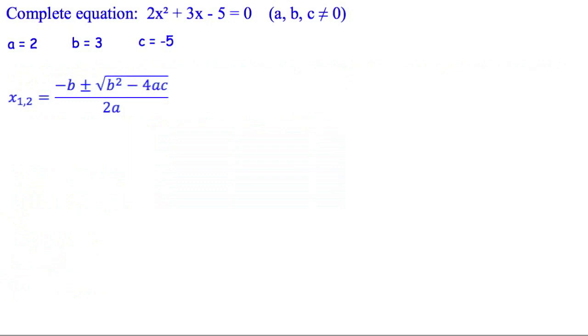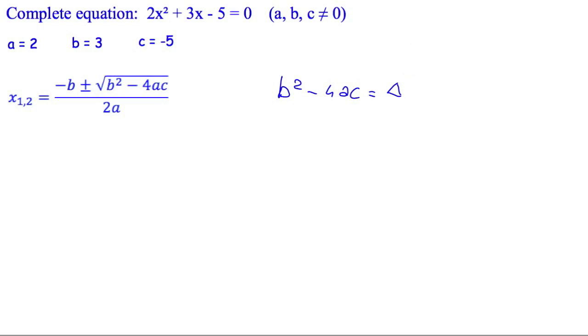The formula says that x1 and 2, that is, the two possible roots of the quadratic equation, are equal to negative b plus or minus the square root of b squared minus 4ac all over 2a. The quantity b squared minus 4ac is called the discriminant and is indicated by the Greek letter delta.